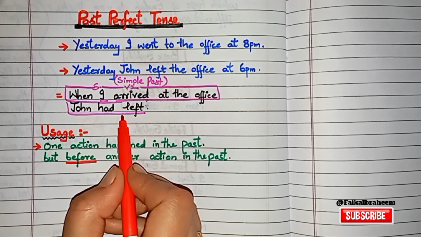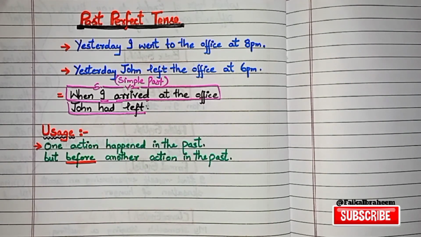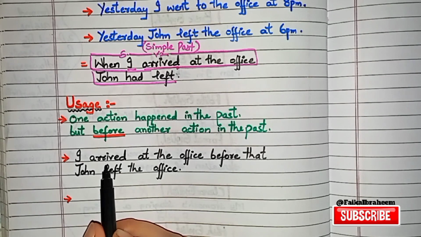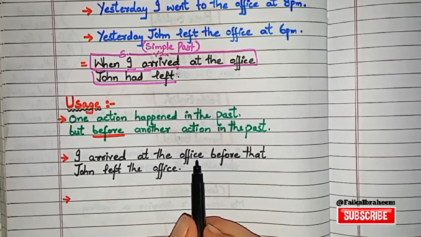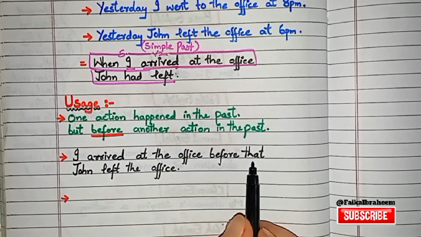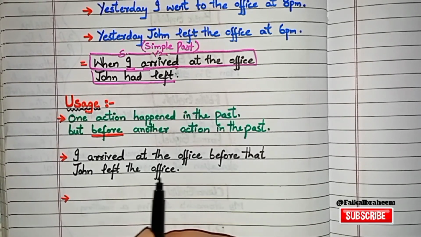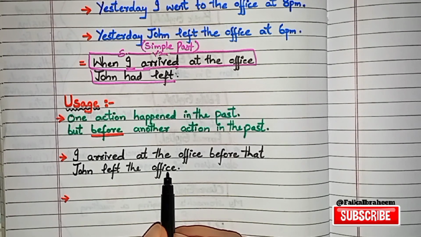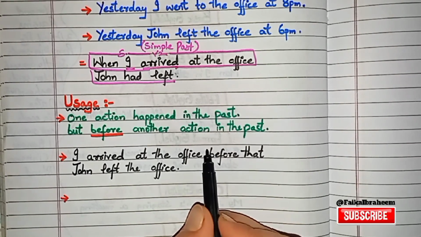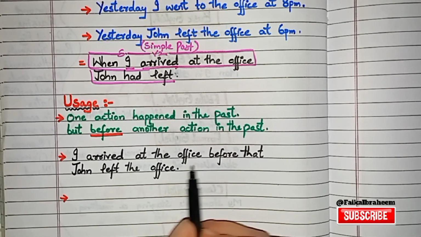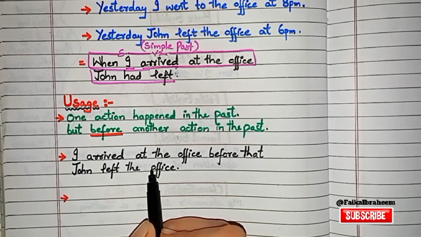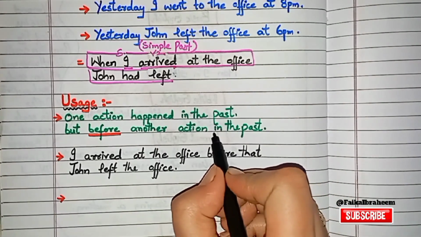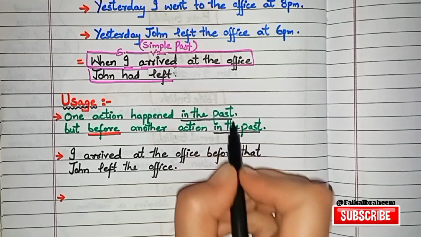So, I arrived at the office but before that John left the office. Look at this. I arrived at the office. Before that, John had left the office. Both of them are in the past. Both sentences are in the past.